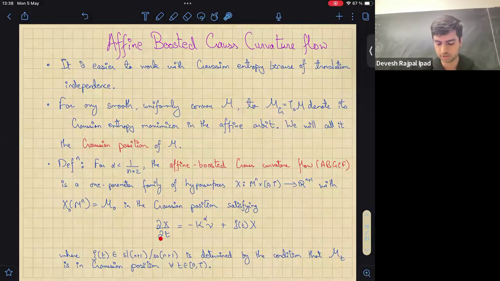So which is that the flow will have speed in the inward normal direction, same as the Gauss curvature flow, minus k raised to alpha, but I'll need to do some affine corrections.